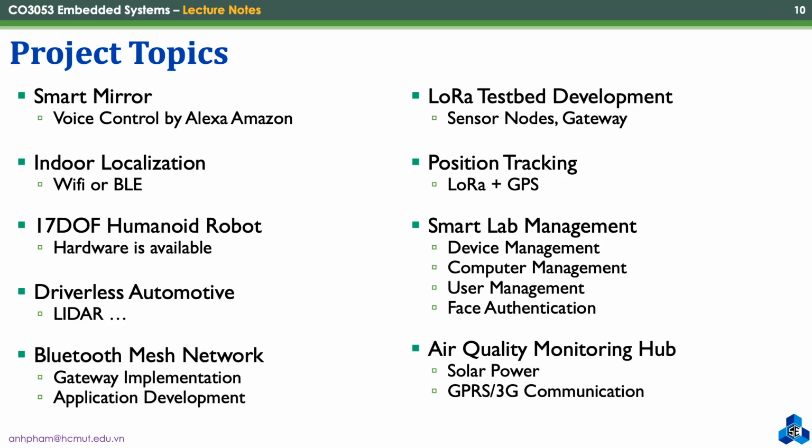That means we don't need to implement the whole system. The key thing is that you have to apply the design methodology. For example, the development process: step by step you apply the process to do the project. But the real functions you implement, you have to scope. Okay, so don't worry about this.